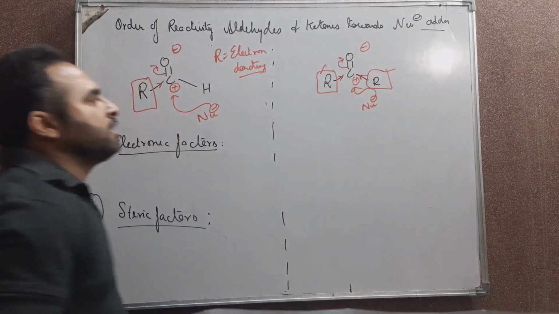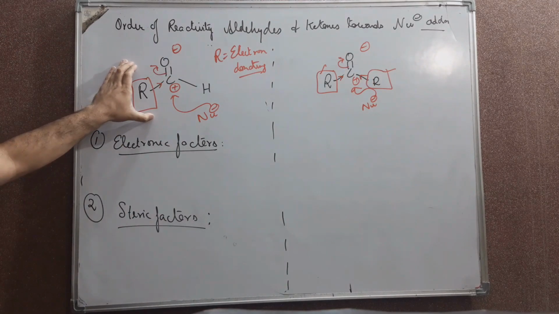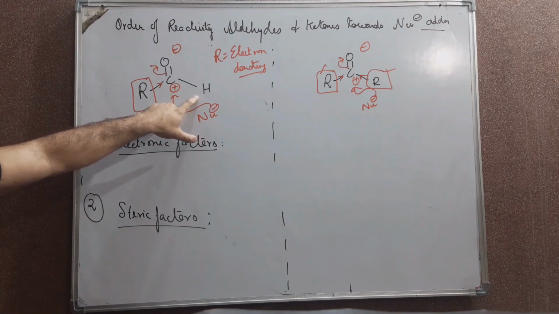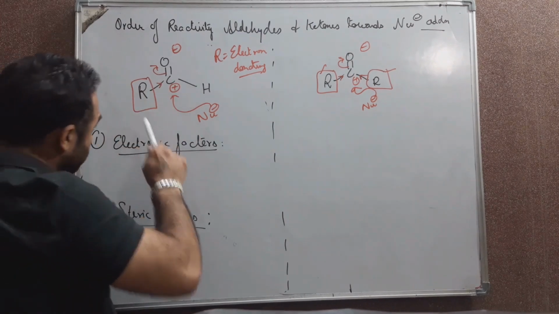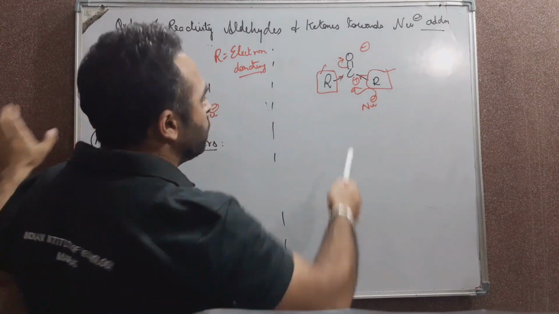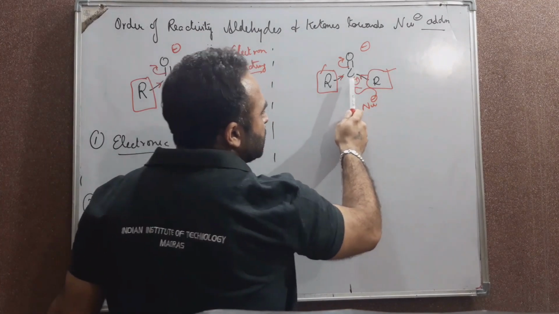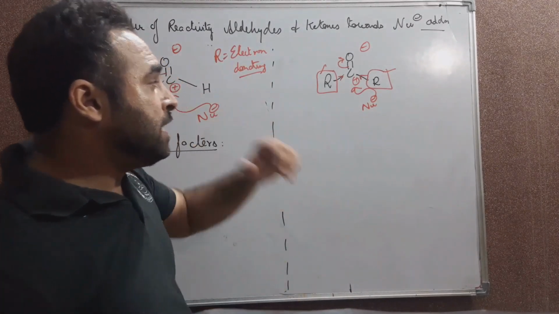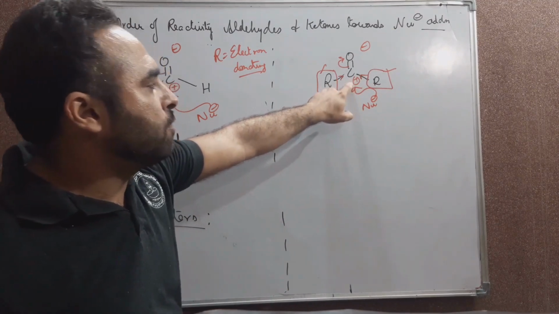Now you can clearly see here there is only one group which can donate electrons. H is electron donating, but not to the extent of alkyl groups. So there is only one such group which can donate electrons easily, while in ketones there are two alkyl groups which can donate electrons easily to this positive carbon. Means these two groups will reduce the positive charge at this carbon more.